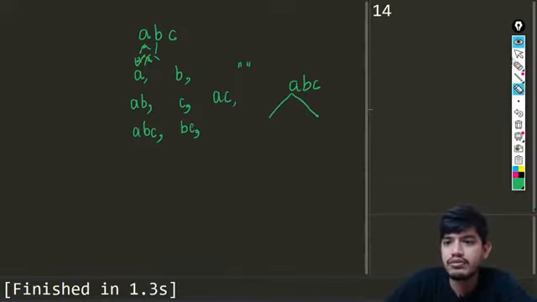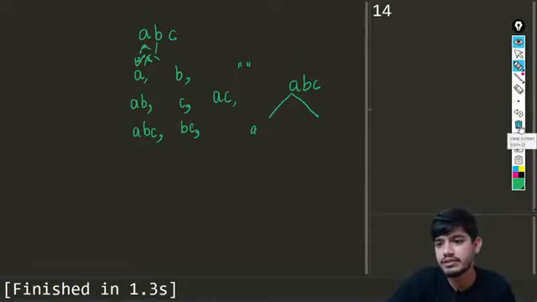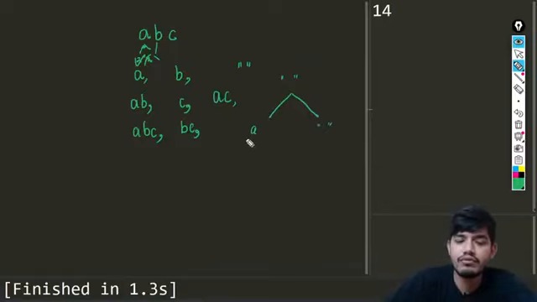So if we first include A, then it will be included in this part. Let me just take this here. Initially it will be nothing, then we included A, and here we have not included anything. Then we have two choices for B in this case. What are the two choices?